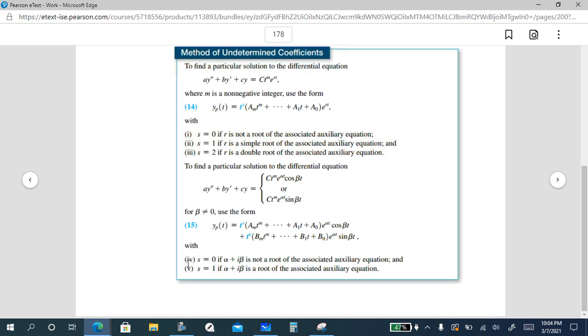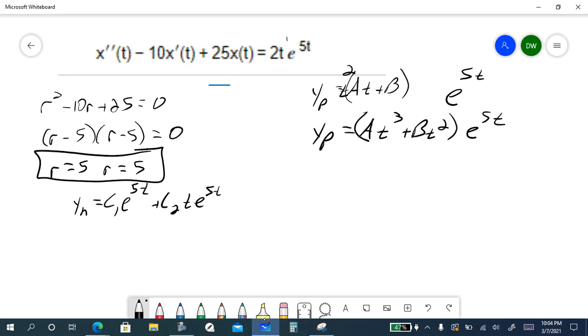We don't have to go all the way down to 0 after we multiply times the t's out front, but on the inside we do go all the way down to no t's. So notice on the inside of the parentheses we have a t to the first and then no t, but then we pick up t squared on the outside. When we distribute that, we don't have to go down to 0 on the inside. So this is going to be the format of our particular solution.